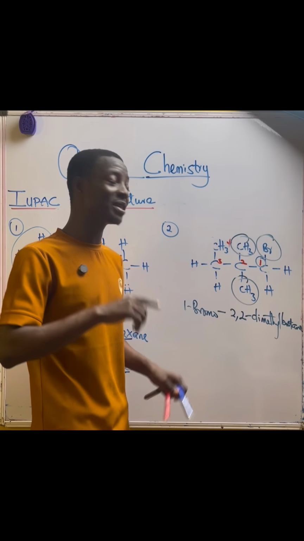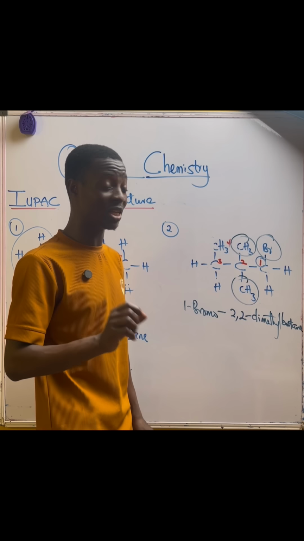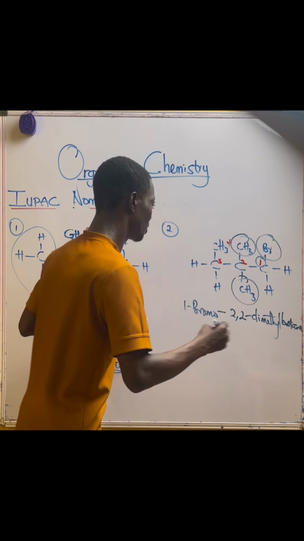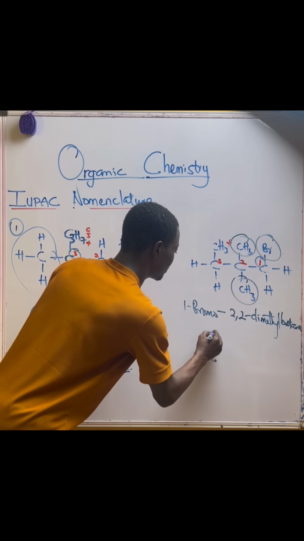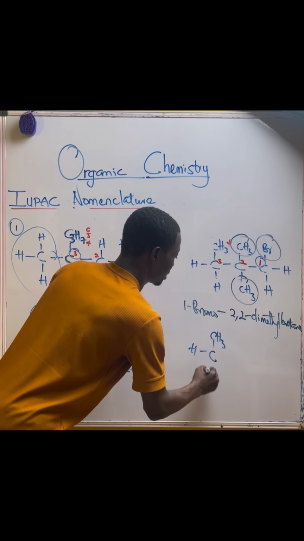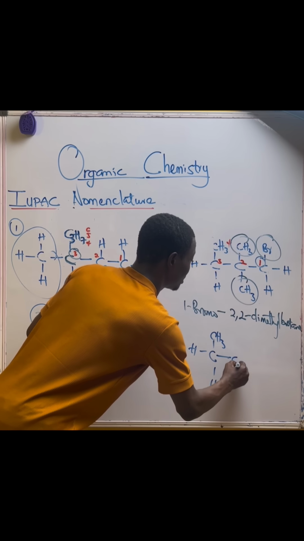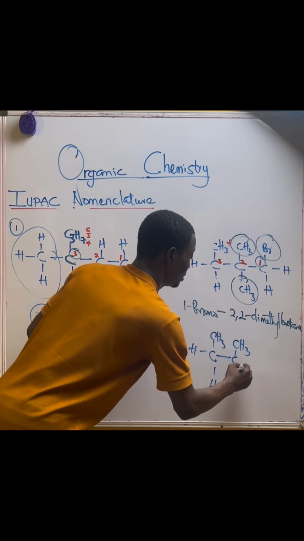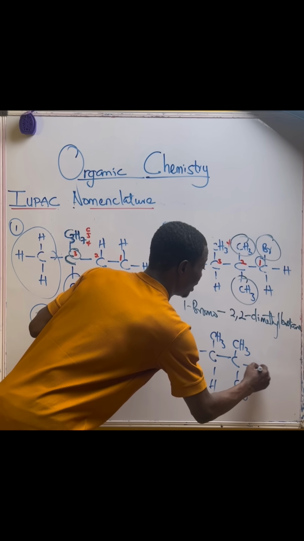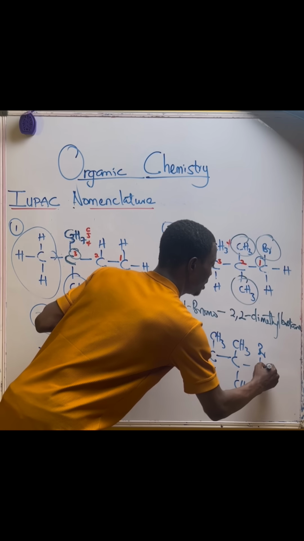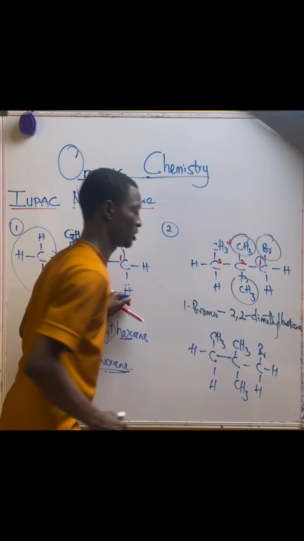Now, I am repeating this compound for a particular reason. I just want to show you something. Right, okay? So I have C, CH3, H, I have C, CH3, CH3, I have C, bromine, I have hydrogen and hydrogen here.